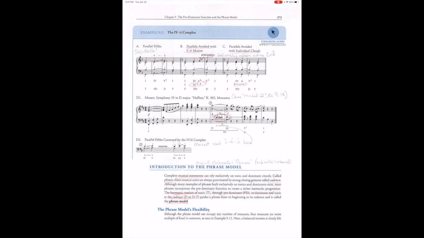So look down at D2. Here would have been the problem going from 4 directly to a 5. You would have had parallel fifths someplace. But instead, look at it becomes via a chromatic D sharp in there, changing it to a 2/6. So that's how he fixed it. And there's another way you could do it. Move like that.